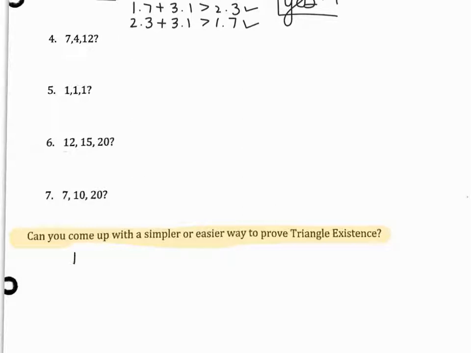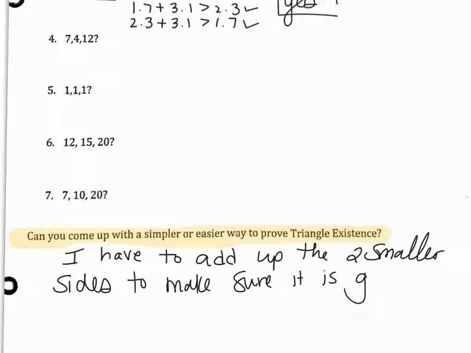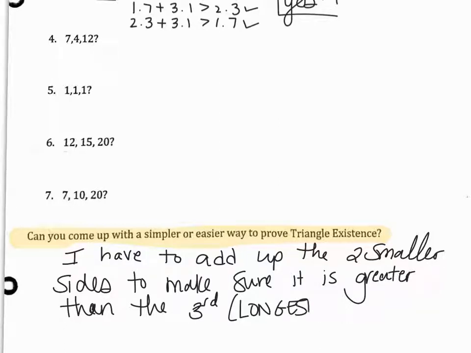So I have to add up the 2 smaller sides to make sure it is greater than the third side, which I'm going to call the longest side.